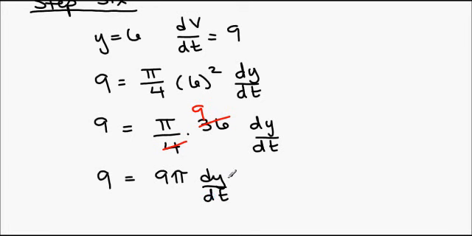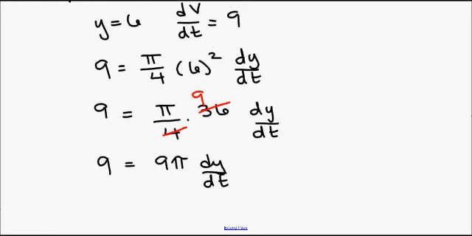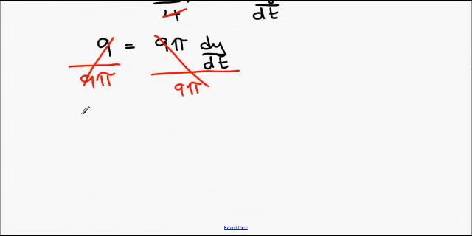I'm looking for dy/dt, so I need to isolate it. Let's divide by 9 pi. The 9s cancel, and I'm left with dy/dt equals 1 over pi.